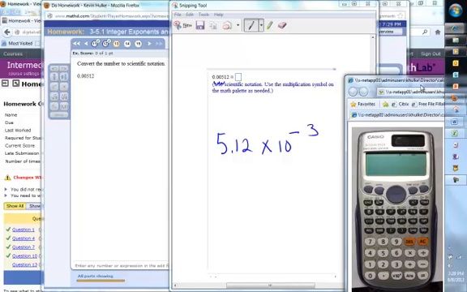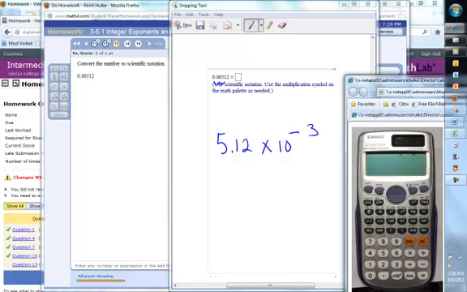Let's see, mode 1. Okay, we'll find scientific notation here someplace. Let's try shift mode setup. There we go. If you type shift, then mode, you get number 7 is scientific, so press that.